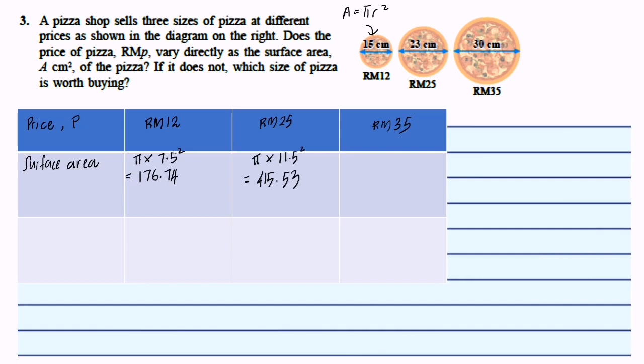The third pizza, pi times 15 square, equals 706.95.